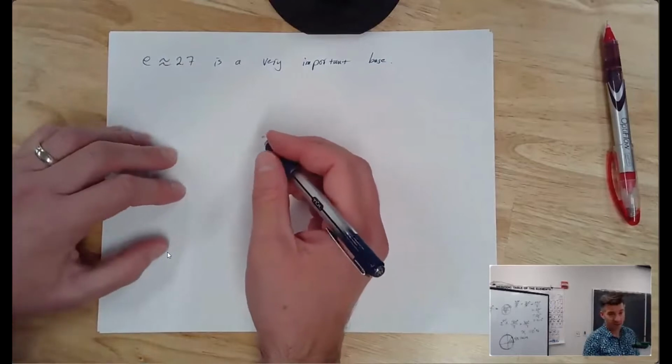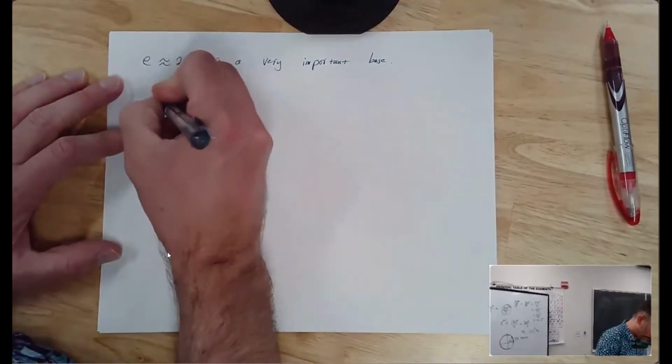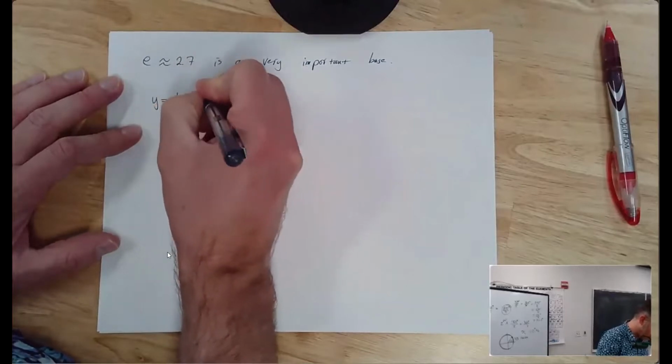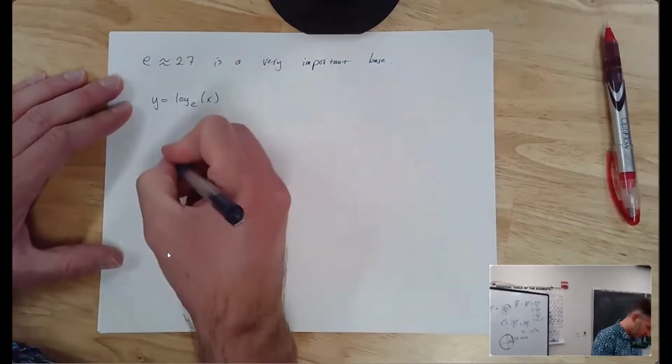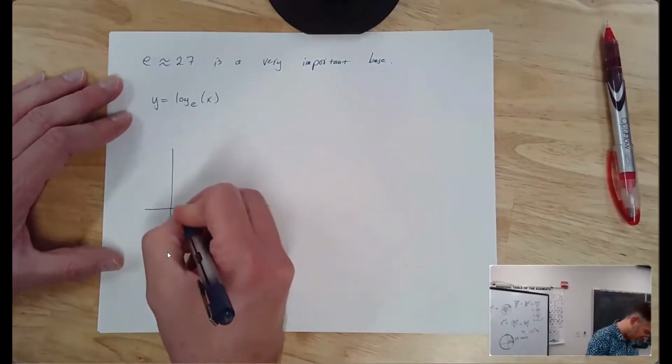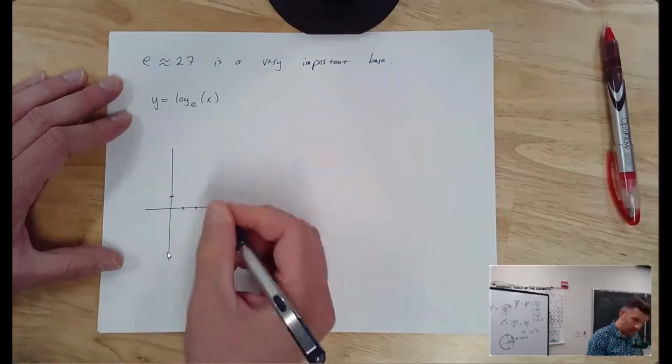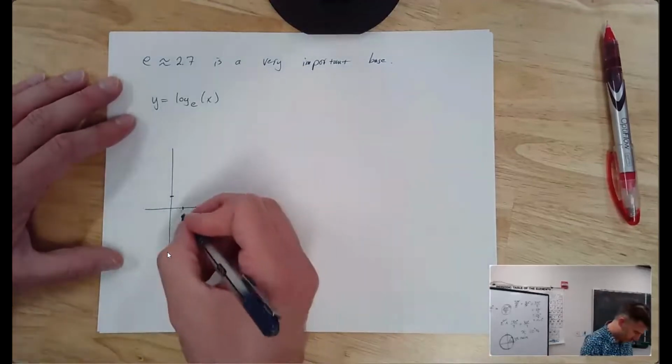And it comes up so often that we abbreviate the logarithm when we write it. So y equal to log base e of x, which has a graph that looks just like any other logarithm. I'll try to be a little bit more precise when I graph it here. So I still get the point 1, 0.